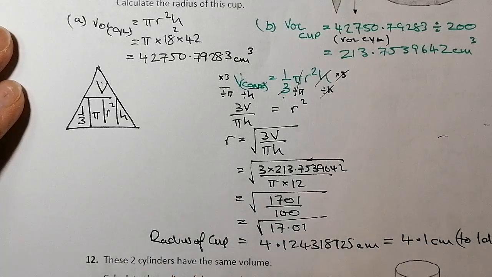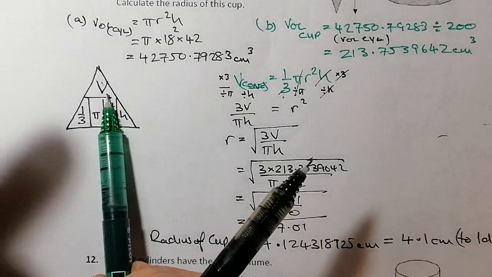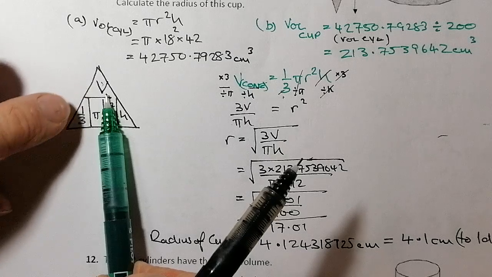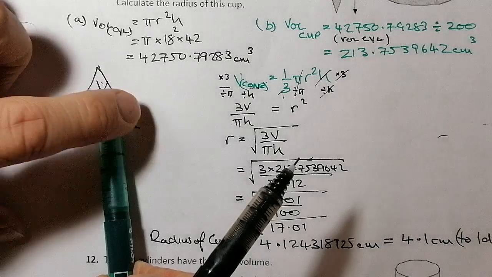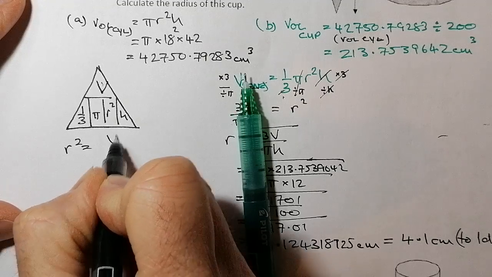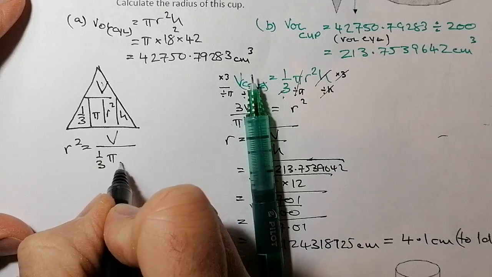If I was doing speed, distance and time, I could cover up the r squared that's there, and that will leave me with a formula that would show it's V all divided by a third pi h. So what I could say is r squared is equal to V all divided by a third pi, and that's going to be h.